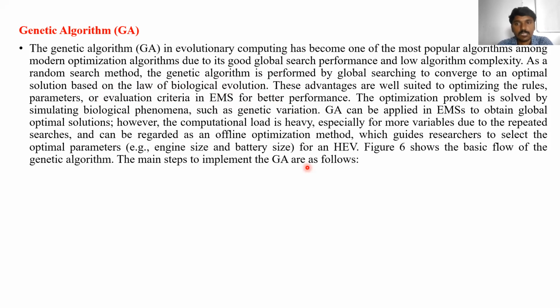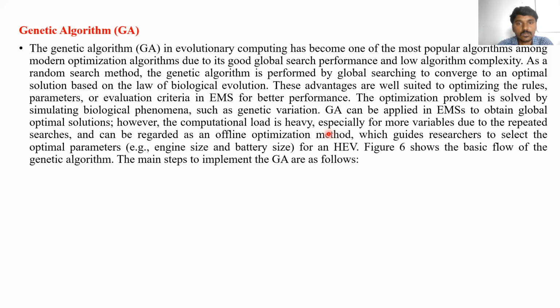These advantages are well suited to optimizing the rules, parameters, or evaluation criteria in energy management systems for better performance. The optimization problem is solved by simulating biological phenomena such as genetic variations, and can be applied in energy management strategies to obtain global optimal solutions.